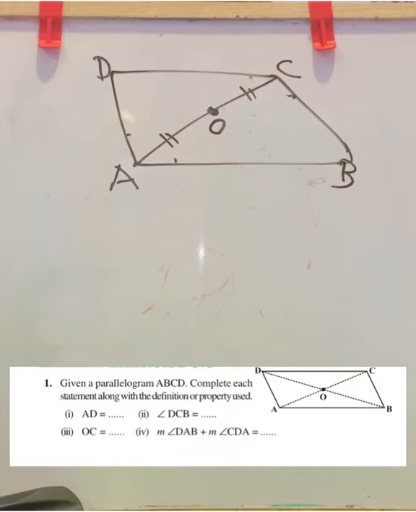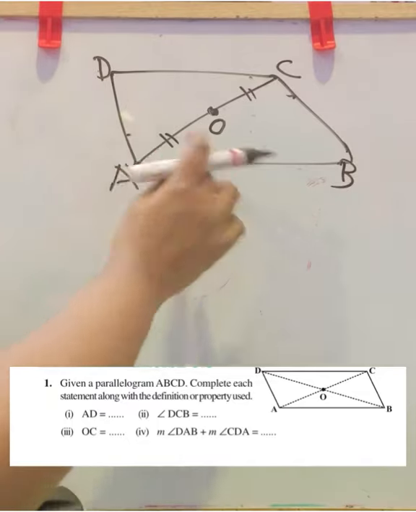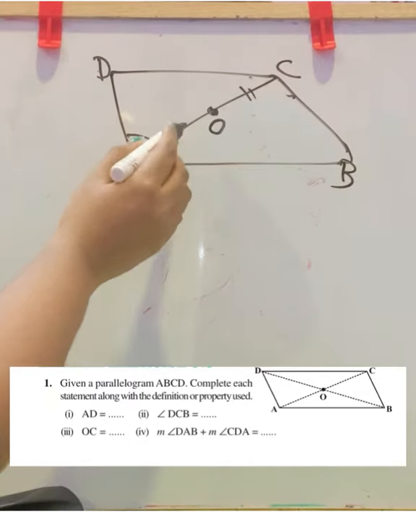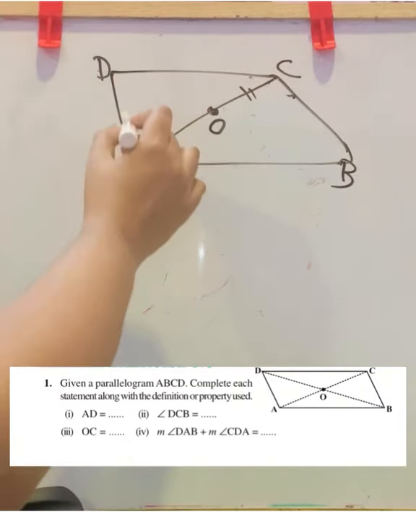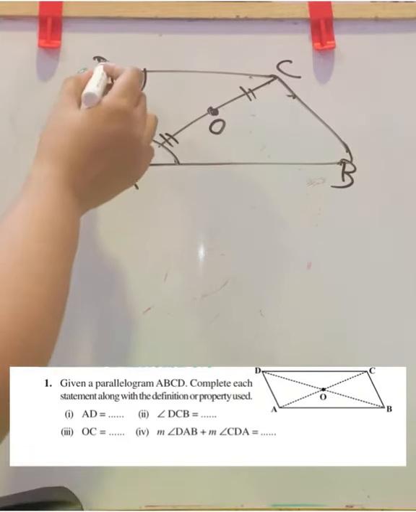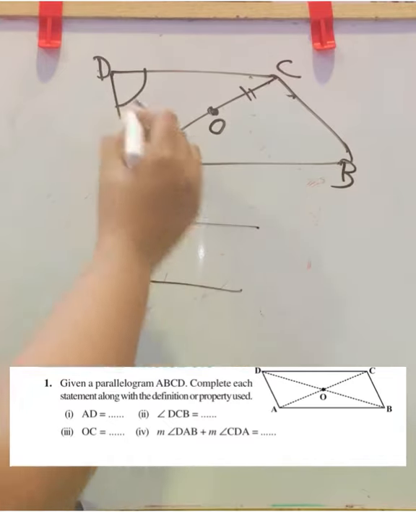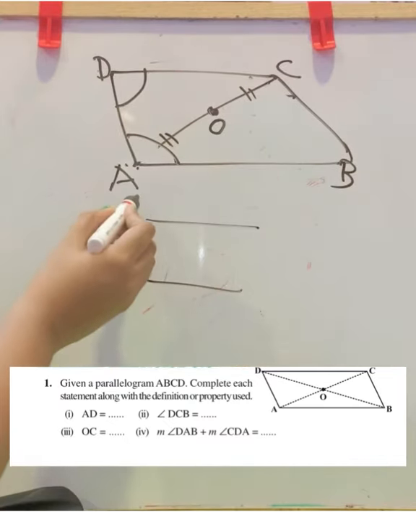Next one, measure of angle DAB plus measure of angle CDA. What is angle DAB? This angle, and CDA, this angle. Here you can see these are parallel lines and one transversal is falling like this. Can you see that?